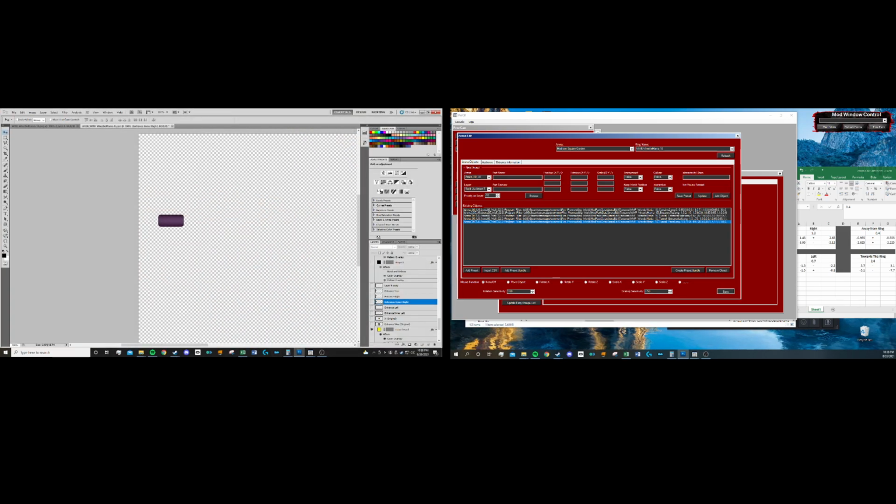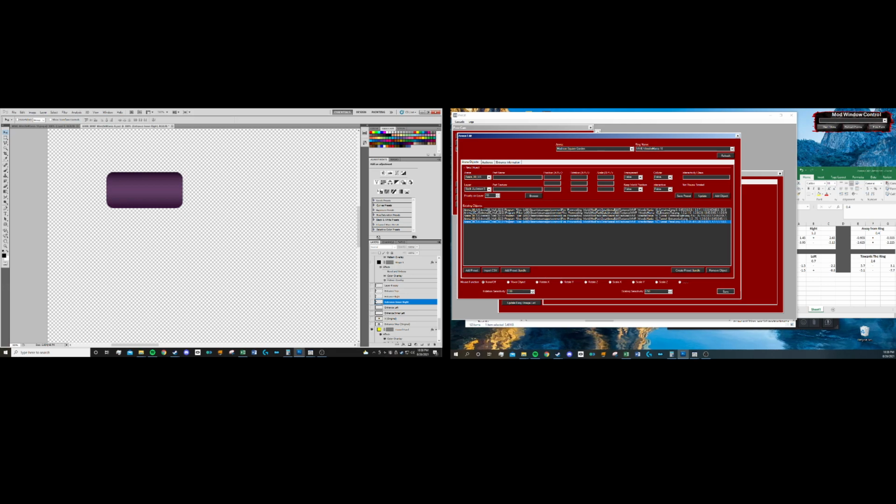I put a little glow of white in Photoshop around this. I don't think that looks good either. I might make that black, or I might just get rid of it, or I might do something where, like, duplicate layer.